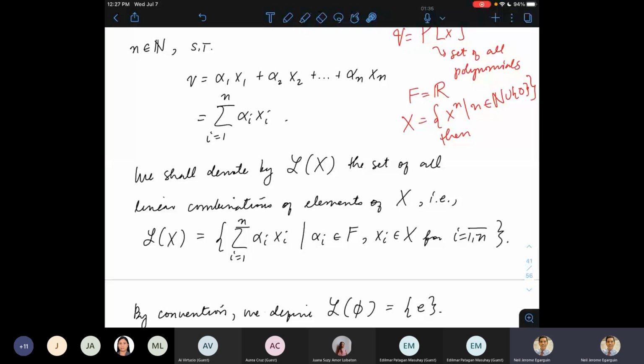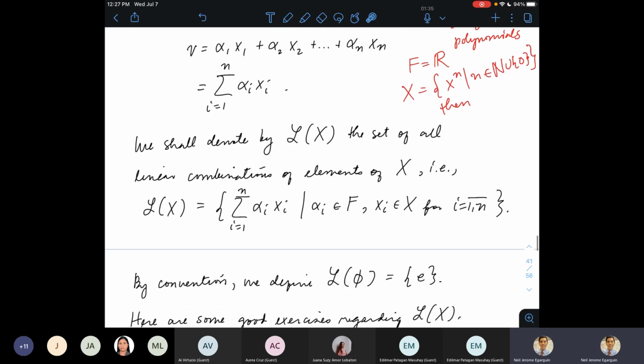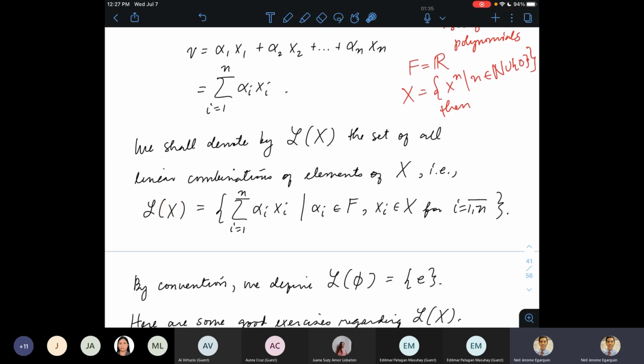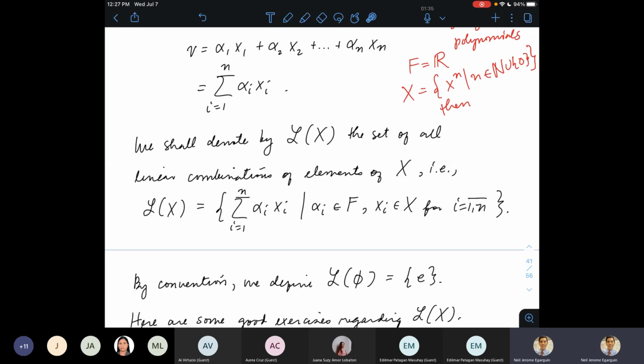And for that, we call it curly L of X. So si curly L of X, siya yung set ng lahat ng posibleng linear combinations ng elements ni capital X over the field F. And that's why I mentioned that the set big X is crucial, all right? Because the set curly L of X, or the set of all linear combinations, will depend on what the elements actually are of your big set X.